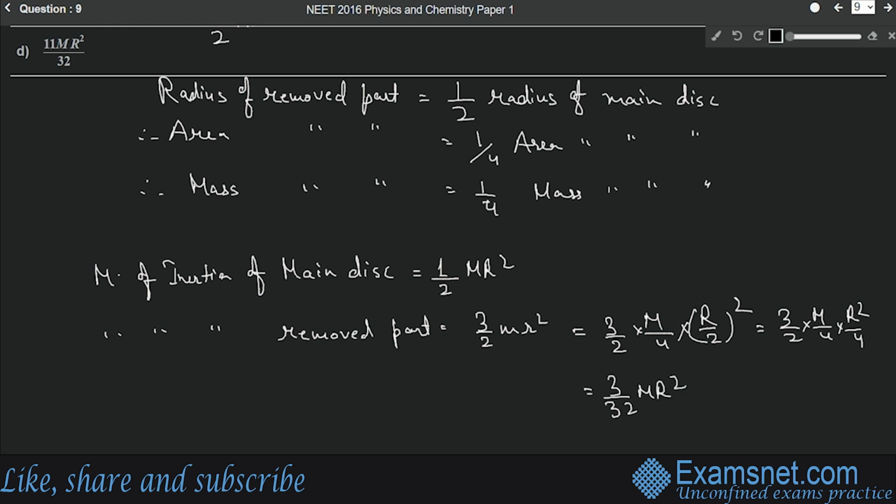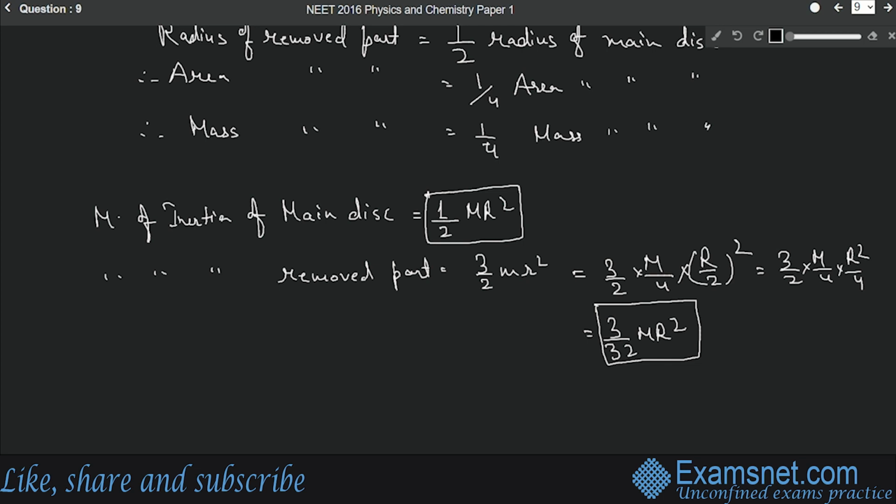So this is the moment of inertia of the removed part, and this is the moment of inertia of the main disk about the same axis. We are using the same axis. So moment of inertia of the remaining part will be equal to half MR square minus 3 by 32 MR square, right?